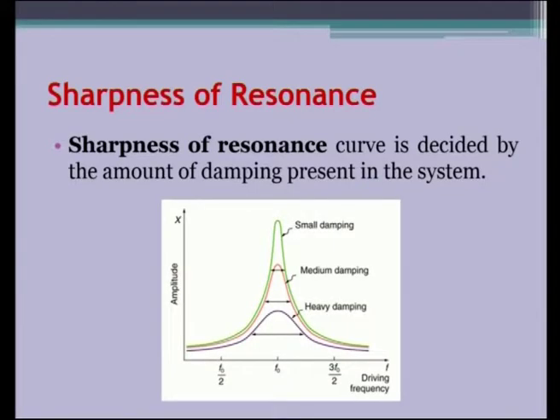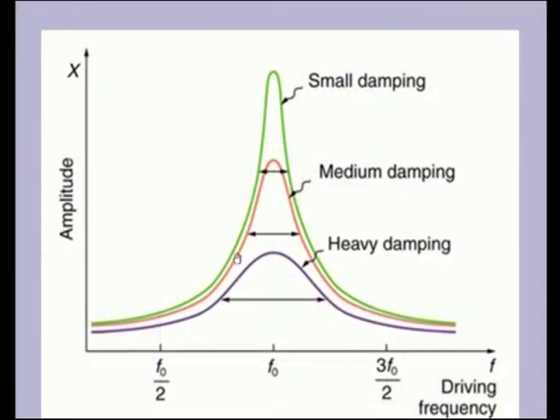Let us have a look at the sharpness of the resonance peaks, and this is a model graph which explains about how the sharpness of the resonance peak appear. This gives us a basic idea of the sharpness peak that is occurring at the resonance frequency.